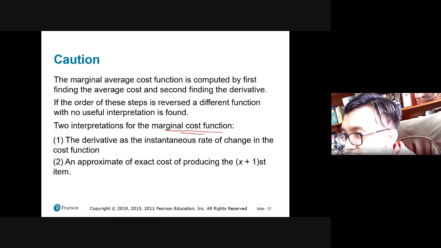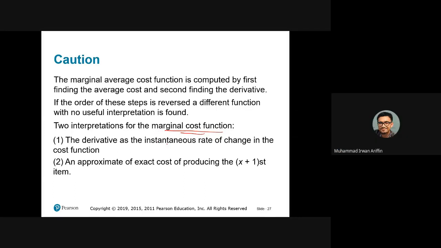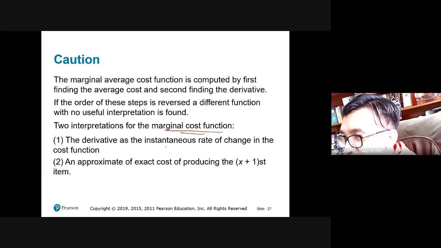Previously you have been exposed to this. We have discussed this a lot, on this concept of derivative. So marginal cost can be interpreted as the instantaneous change, the change in the cost that happens instantly. And now there is another concept where marginal cost can also be interpreted as the approximation of the exact cost of producing one more additional unit.